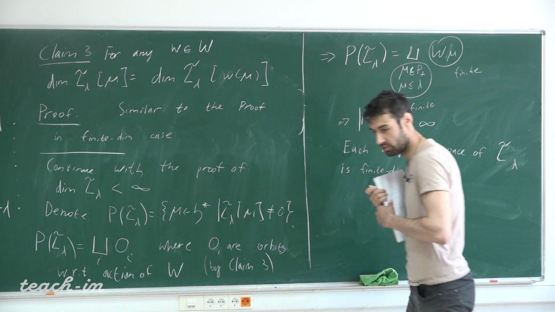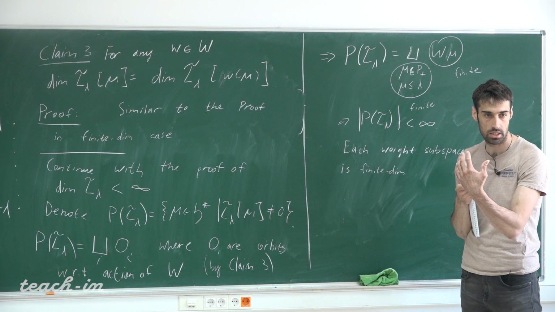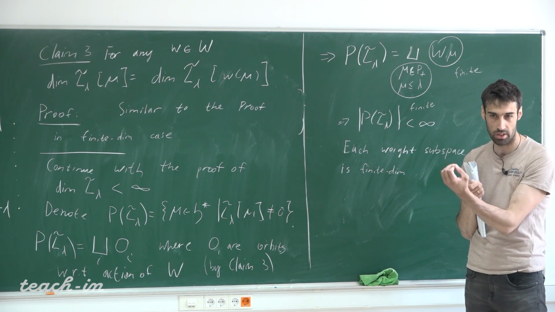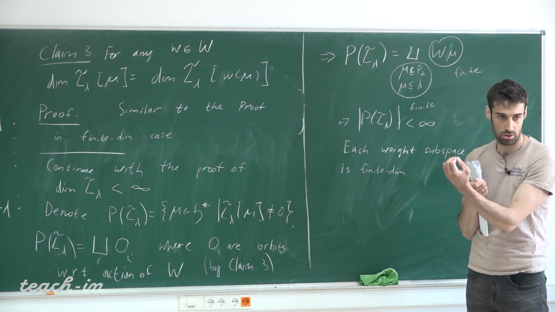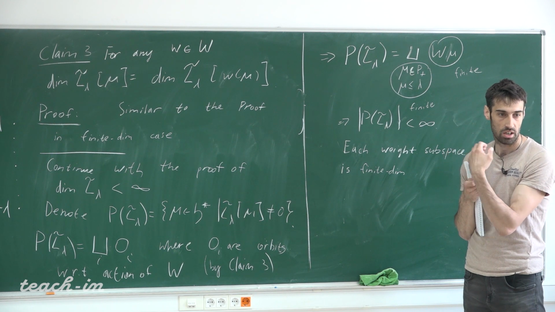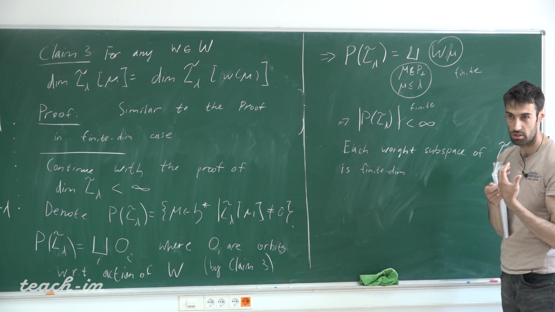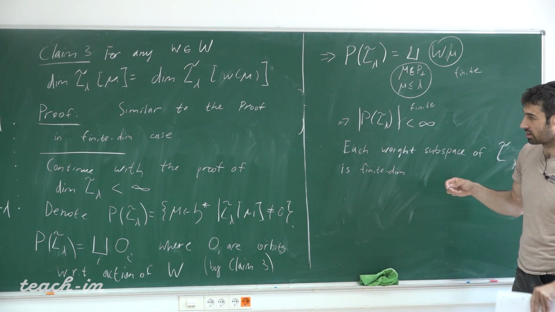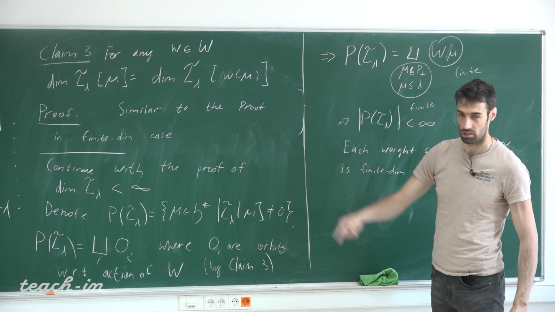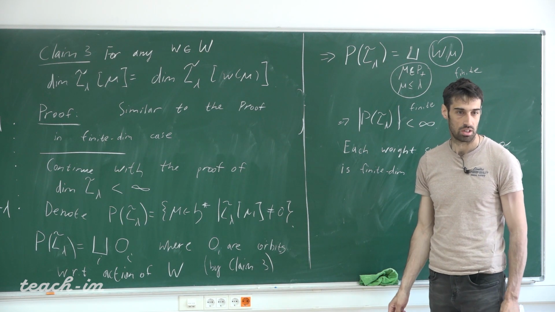Right, so L lambda tilde has a finite set of weights. Also, L lambda tilde, of course, has a weight decomposition. So if each weight subspace is finite dimensional, then we are done. L lambda tilde is finite dimensional.